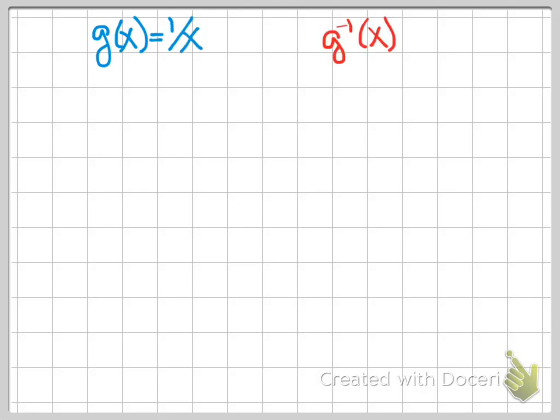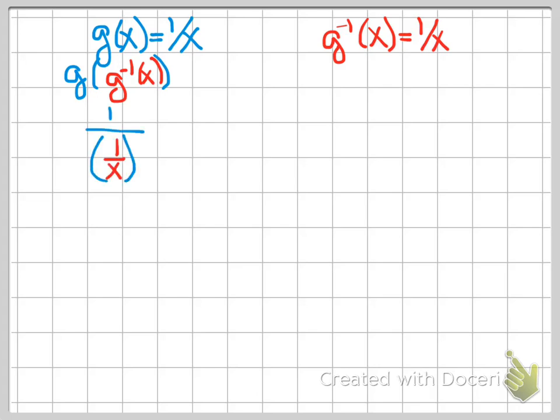Operationally, I can see that the composition of these functions should be my identity. So let's test it. I'm going to take my inverse function and input it within my original g function.